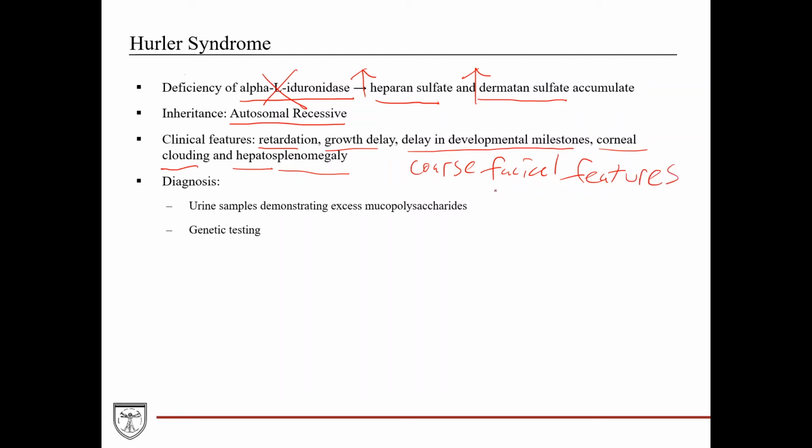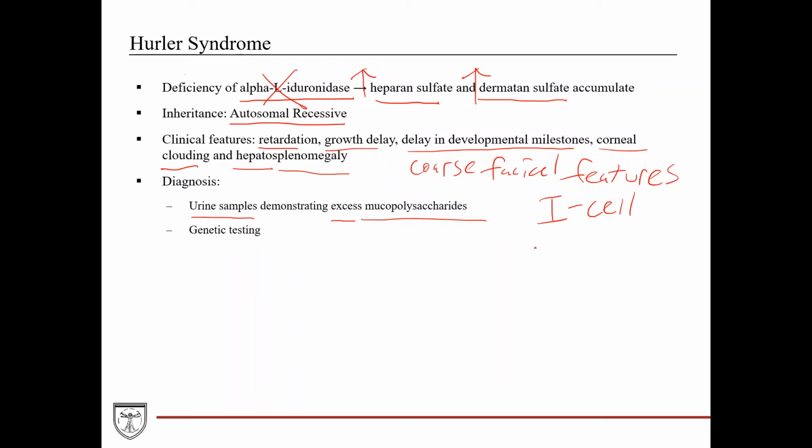Now, you may notice that some of these features are very similar to I-cell disease, which we described previously. And so really the way you determine them is by lab test. So in the case of Hurler syndrome, you would do a urine sample that would demonstrate mucopolysaccharides in excess, versus in I-cell disease, as we talked about, remember that's because you're not getting these hydrolytic enzymes or lysosomal enzymes to the lysosomes.